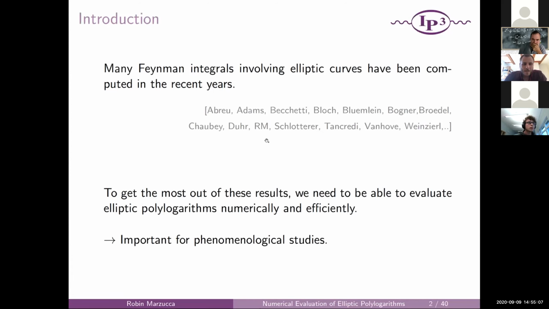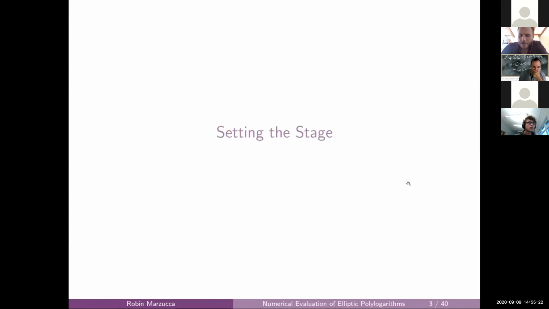But at the end of the day, we do want to get numbers out of those in order to do phenomenological studies. For this, we need a way to extract these numbers, and ideally, an efficient algorithm.